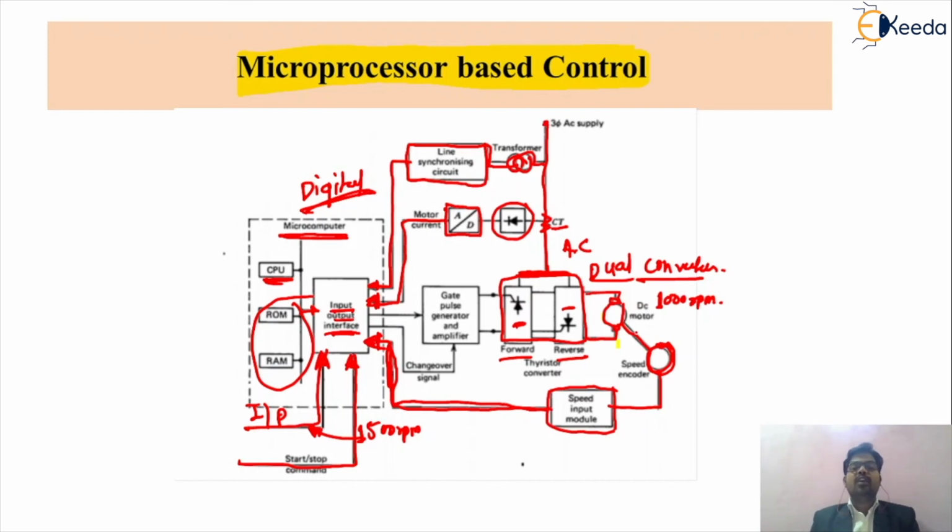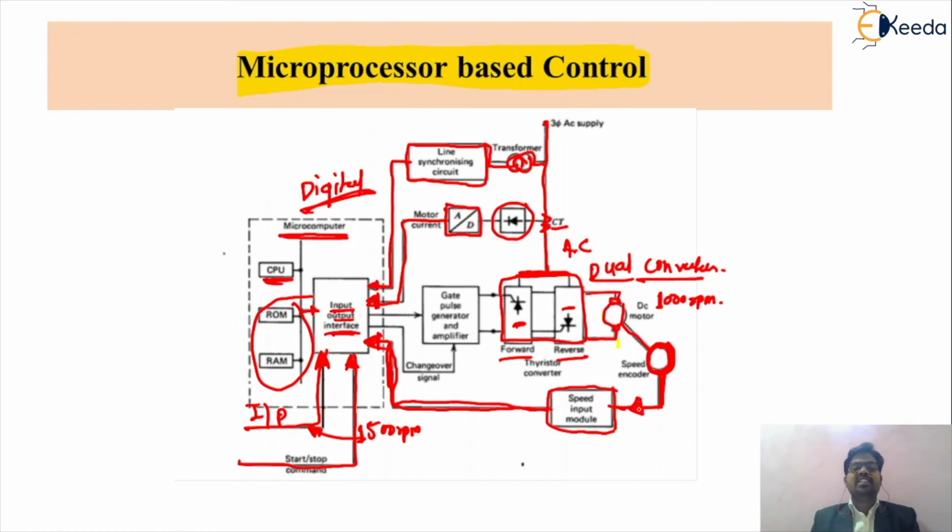Now what will happen? The DC motor speed is now 1000 rpm. The speed sensor senses the speed of that motor, that is 1000 rpm, and this speed is given to the input module.